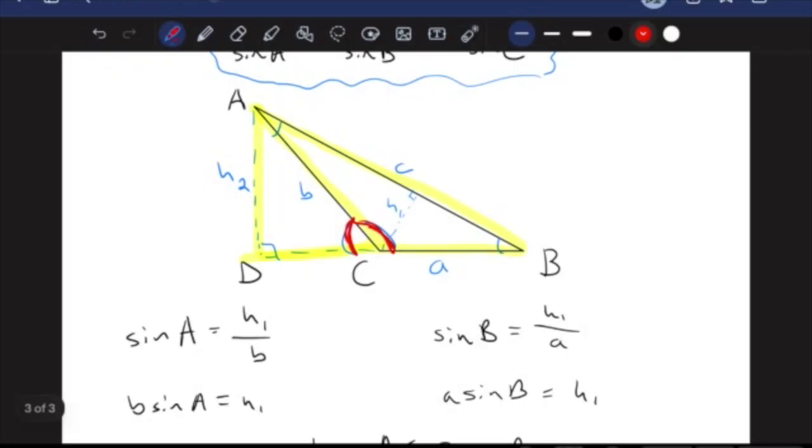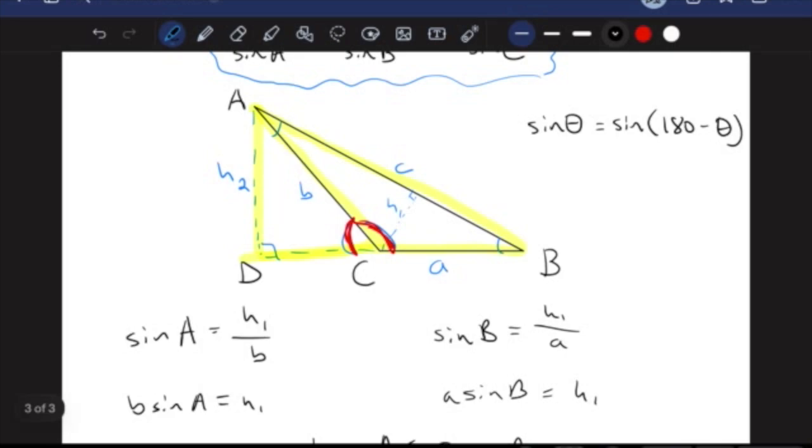Now to do this, we have to consult some unit circle trigonometry. And this is a trigonometric identity that the sine of a particular angle is equal to the sine of its supplement, 180 minus theta. So we talked about this in unit circle trig.